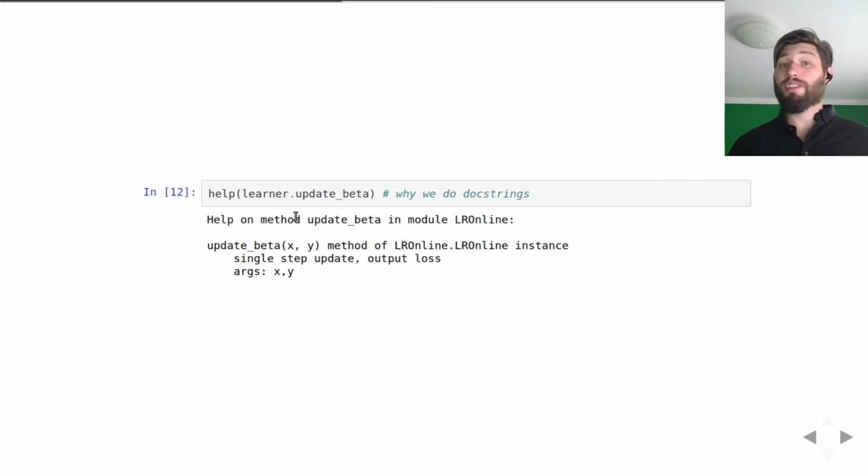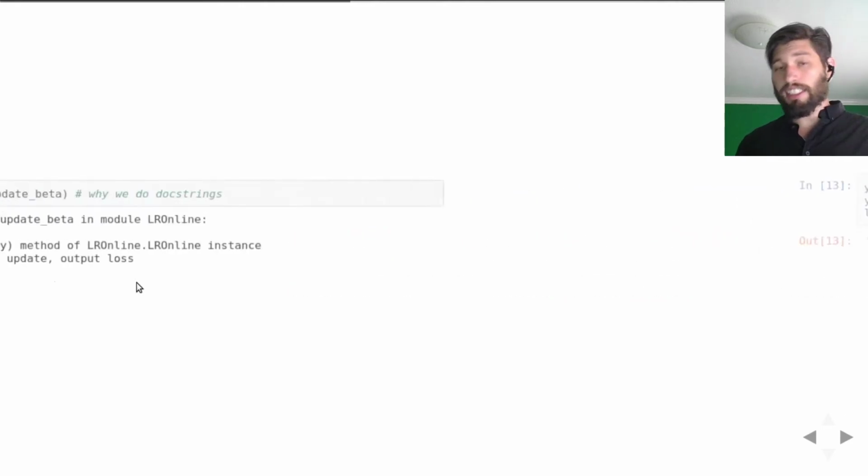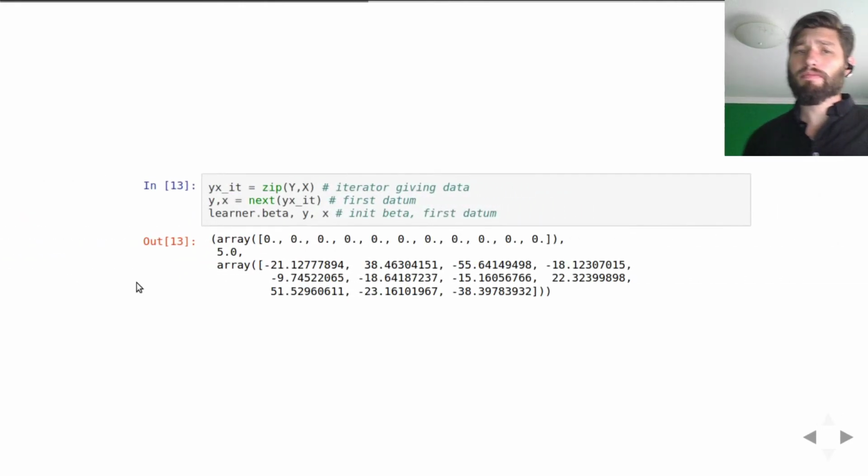There are doc strings in the module, so I can always look at the help for my methods. For example, the method update beta. It says it's a single step update for stochastic gradient descent. It outputs the loss, and the arguments are the x vector and the y scalar. So not a detailed doc string, but it's something.